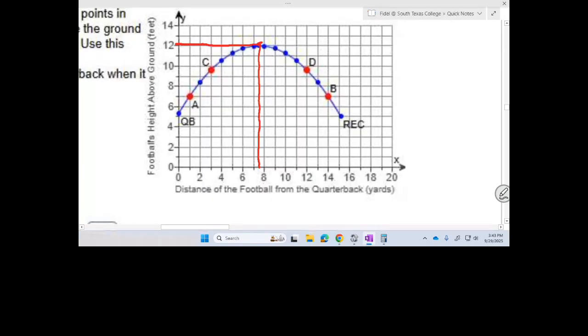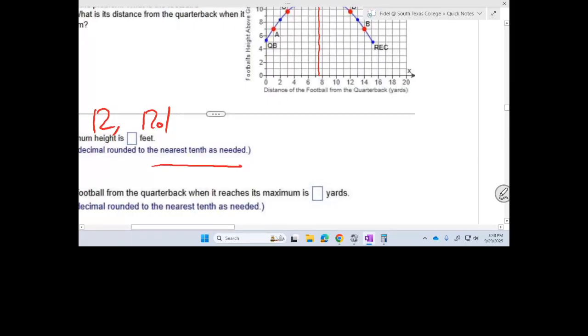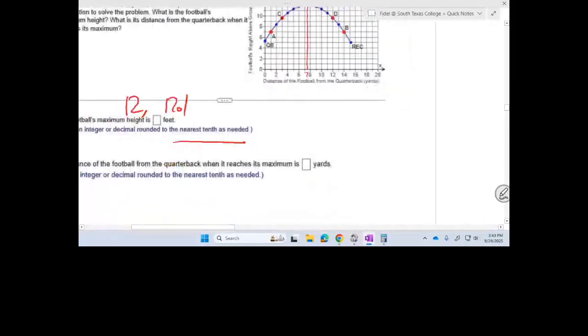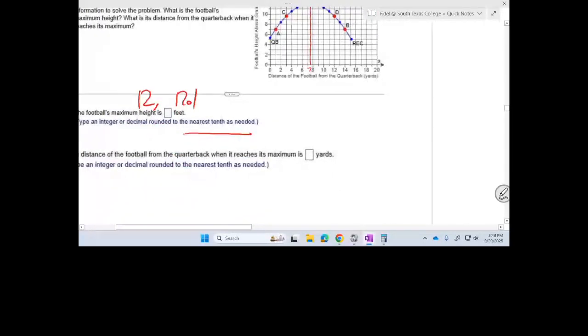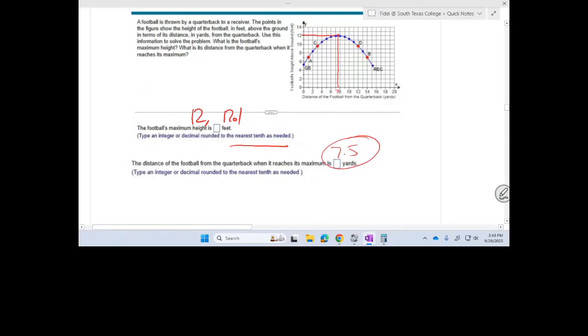So as I'm looking at this, it's not actually at 8. It's just a little bit more than 8. And actually that number there would be 7. So I don't know, what would you guess? 7.5? 7.5 yards, right? Something like that. And that's all that I'm doing here, okay?